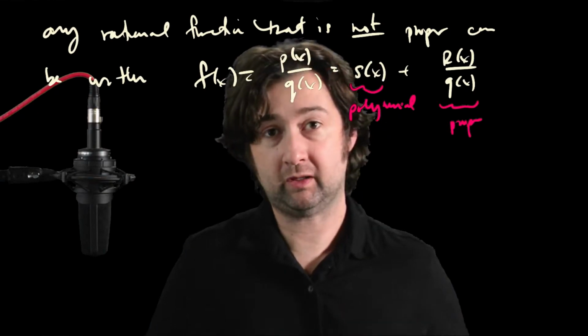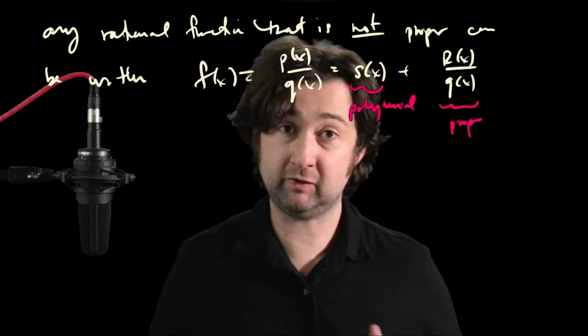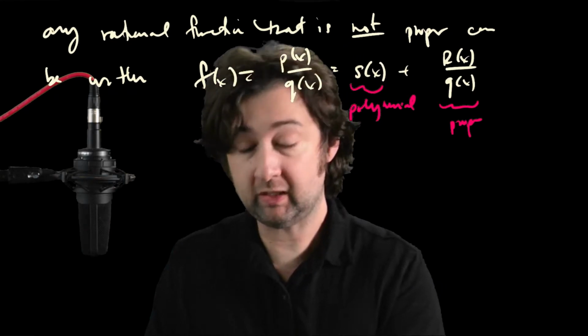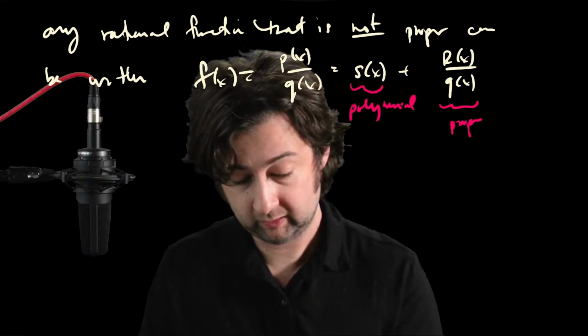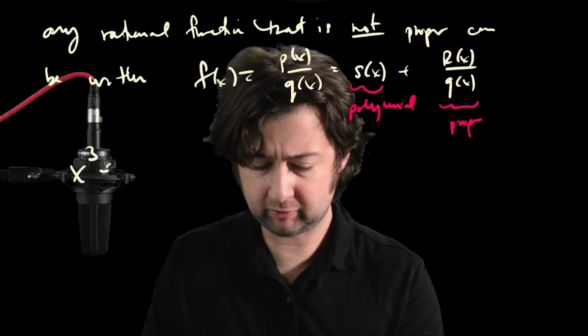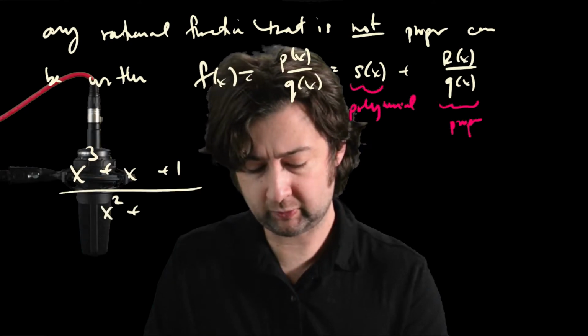For many of you, polynomial long division is something you haven't seen for years, and even if you did see it, you probably didn't particularly care for it. So I'm going to remind you how it works. Let's look at, say, something like x to the third plus x plus 1 over x squared plus 1.